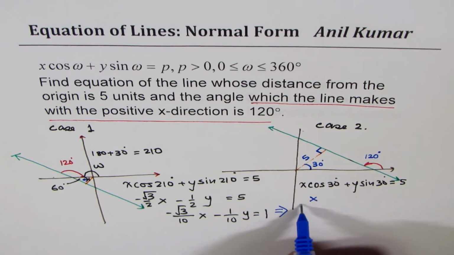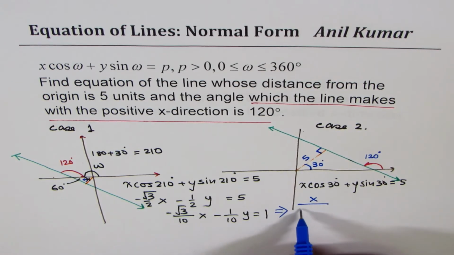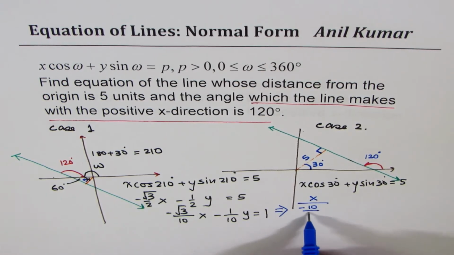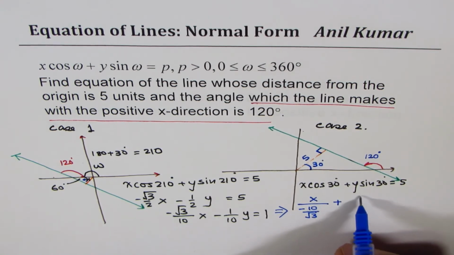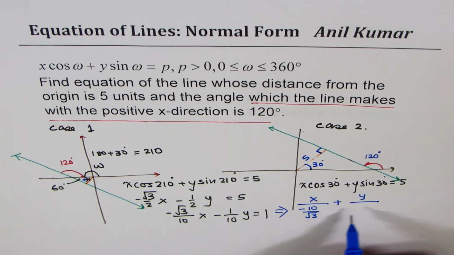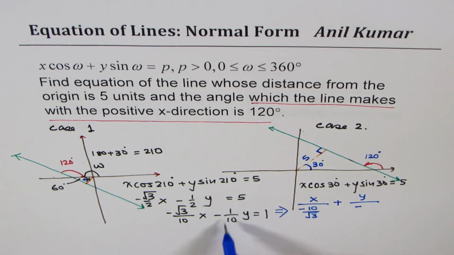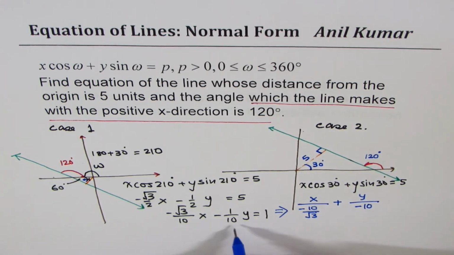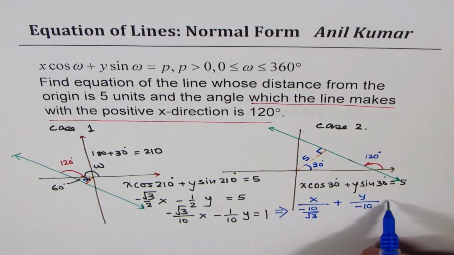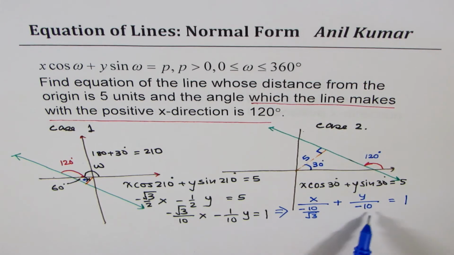I could write it as x over minus 10 over square root 3 plus y over, when we are just reciprocating it, minus 10 over 1, equals to 1. And that gives you the x and y intercepts.